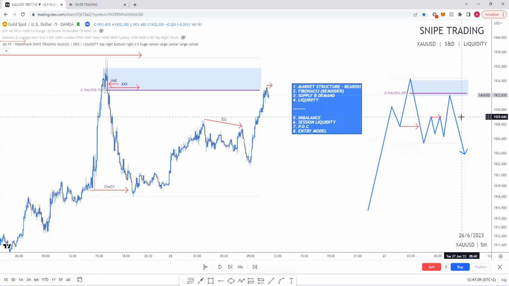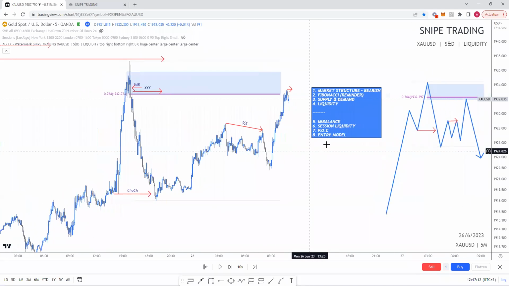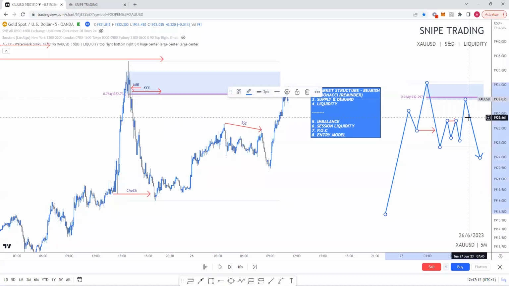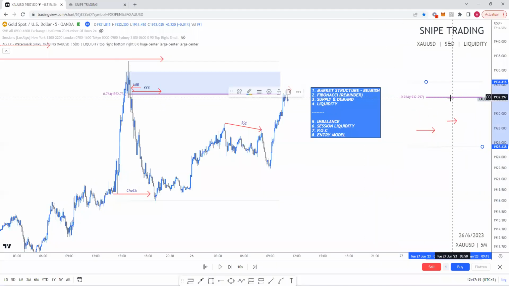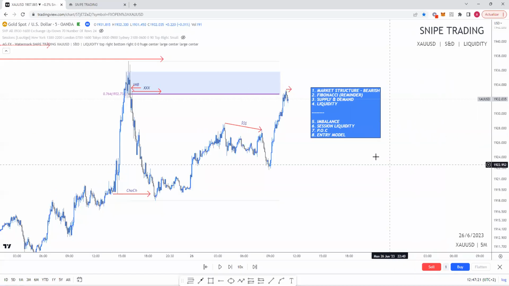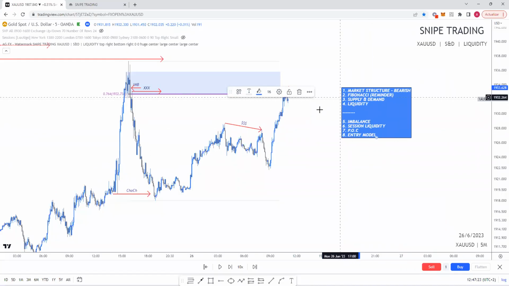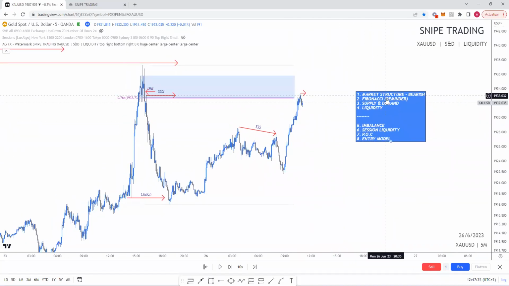So we could argue we have this entry model right here. If you look closely, it's pretty much the same. So yes, we did have entry model. Okay, so we had for this zone 1, 2, 3, 4, and imbalance. We had session liquidity. Now we will see the entry model.